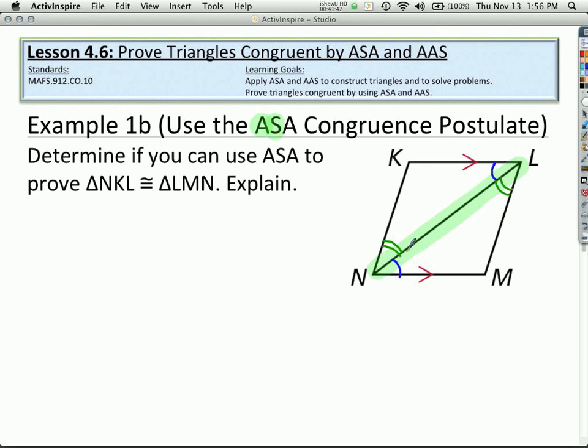Because since those two lines are parallel, you can use the alternate interior angles theorem to prove that those two are congruent.